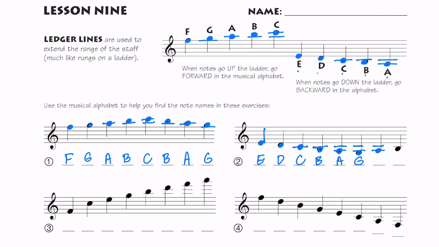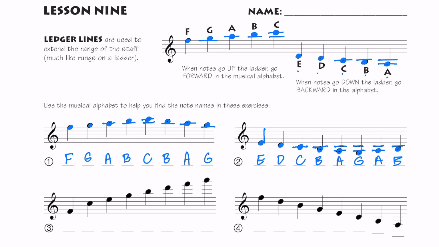It's not 3 ledger lines, so I'm going back up now. A, and then the space above A is B. So I'm using my musical alphabet, but I'm just getting used to seeing those rungs of the ladder, or the ledger lines that extend that staff.